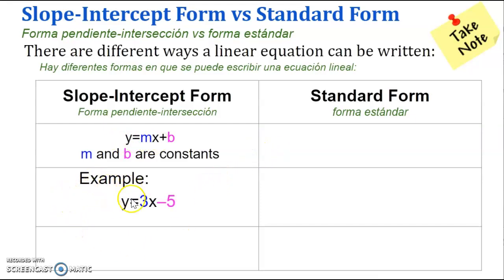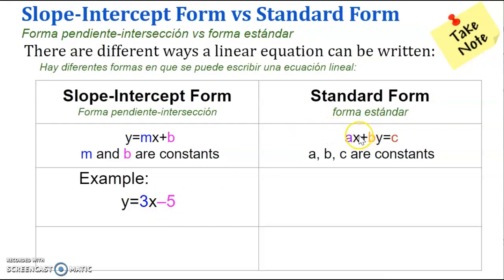An example of that would be something like y is equal to 3x minus 5. So for this, the slope is 3 and the y-intercept is negative 5. Again, 3 and negative 5 are just some numbers. 3 is the number in front of x, being multiplied to x, and negative 5 is just being added or subtracted, so that's why that is the y-intercept.